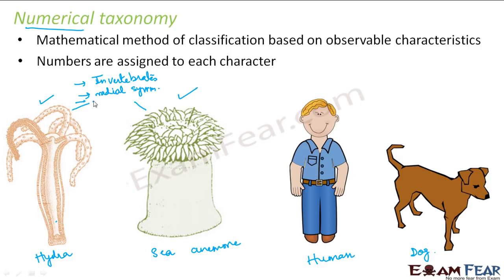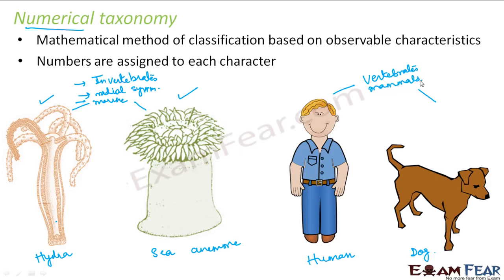Both of them have marine habitats. So again another similarity. So we can say that both of these can fall into the same group because they share more similar characteristics. Whereas we can say that both these organisms can fall into the same group because both of them are vertebrates, both of them are mammals, and so on.